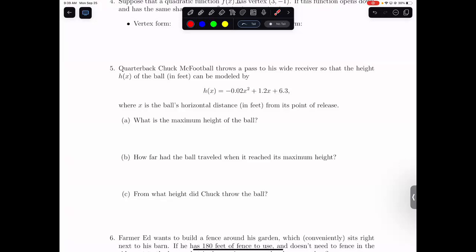He was born to play the game. This function, which has weird, unpleasant coefficients, 0.02, whatever, but it's quadratic.